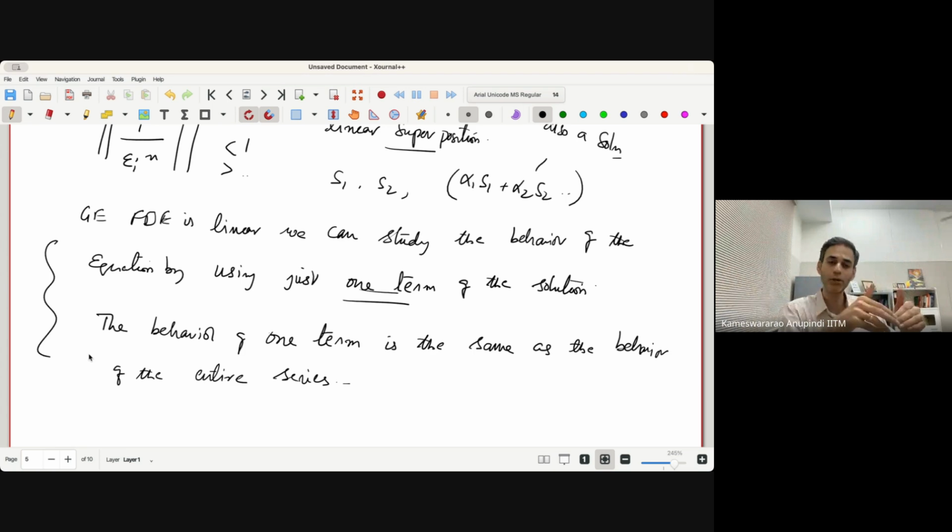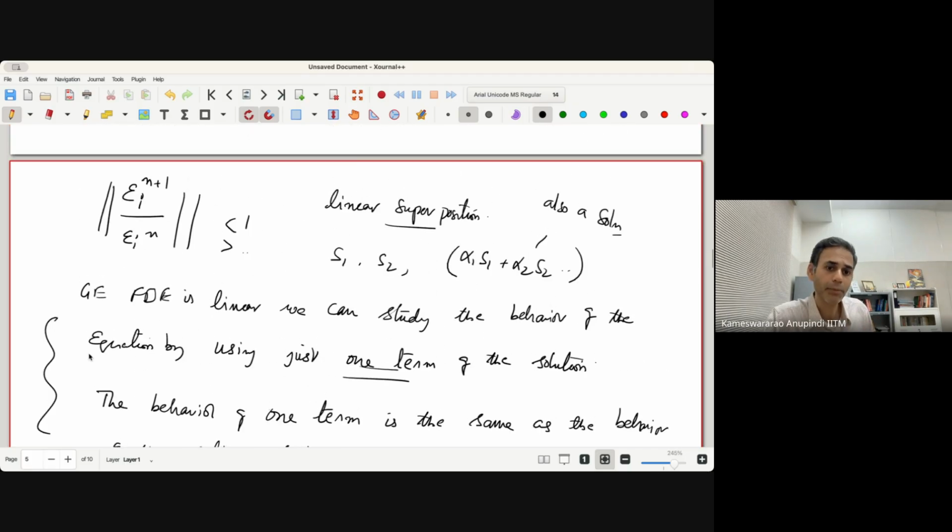So if one term is growing, then the entire solution will grow, because S2 is part of the entire solution. The behavior of the series is the same as the behavior of one term. So we look at that one term, which will either make the system grow or decay, and if it grows, then we say that the system is unstable. That is the idea here.